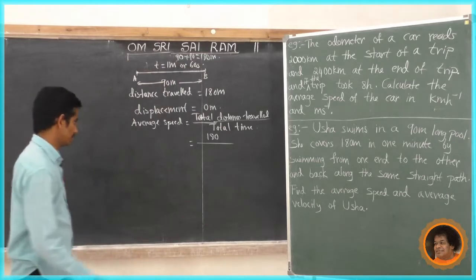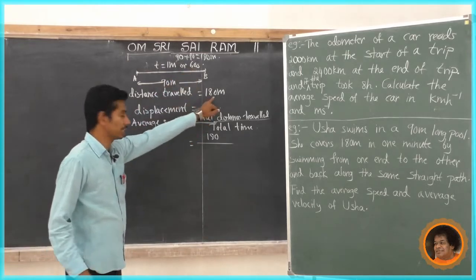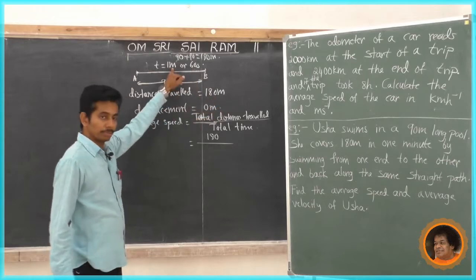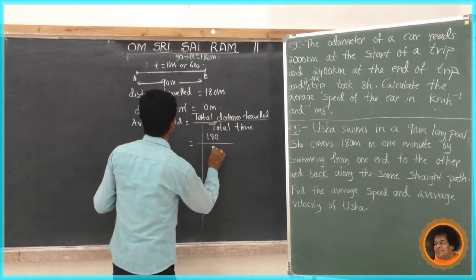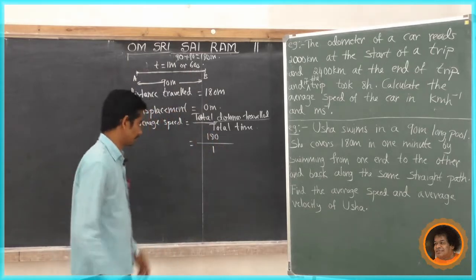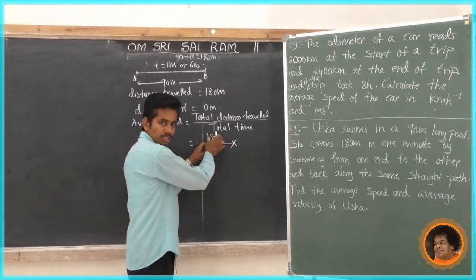Why convert to 60 seconds? Because SI unit is meter per second. Here distance is given in meter, but time is in minute, so convert minute into second. Total time is 1 minute. 180 is in meter, so there is no need of conversion.